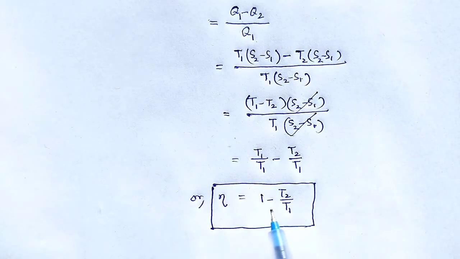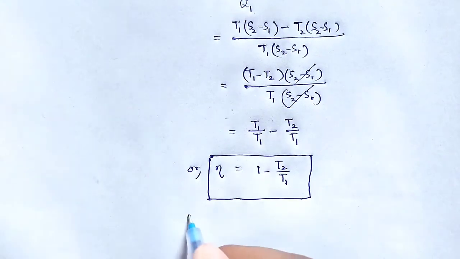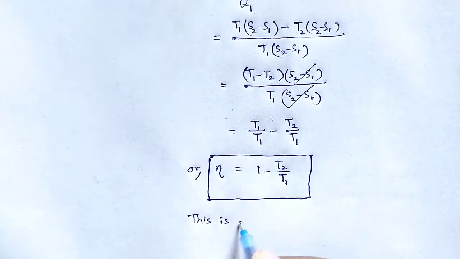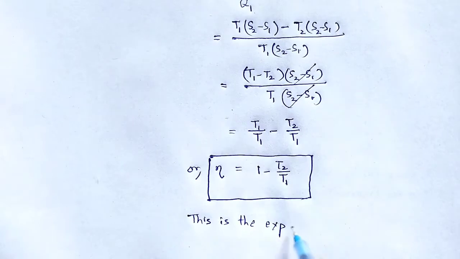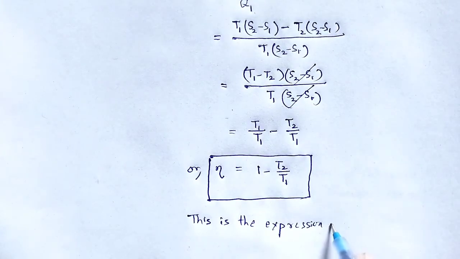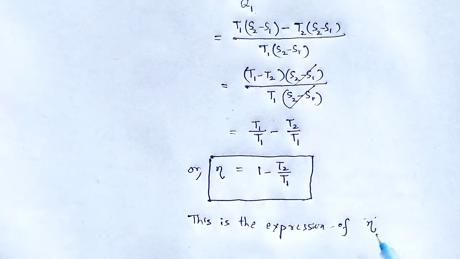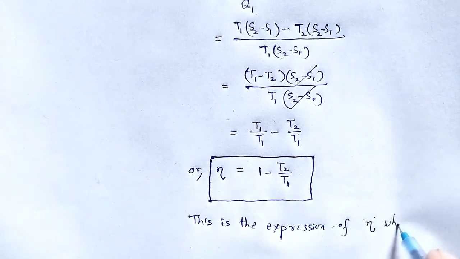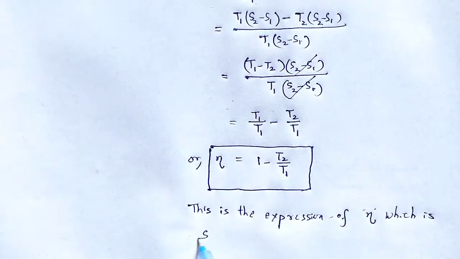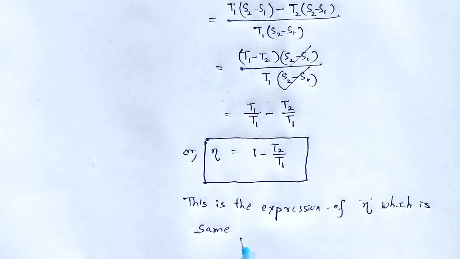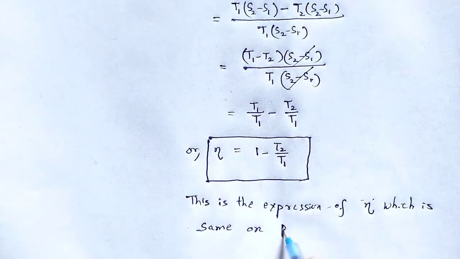Look at that expression. That type of expression we get in the case of the PV diagram for the efficiency of Carnot's heat engine. So this is the expression of eta, the efficiency of Carnot's heat engine, which is the same as on the PV diagram.